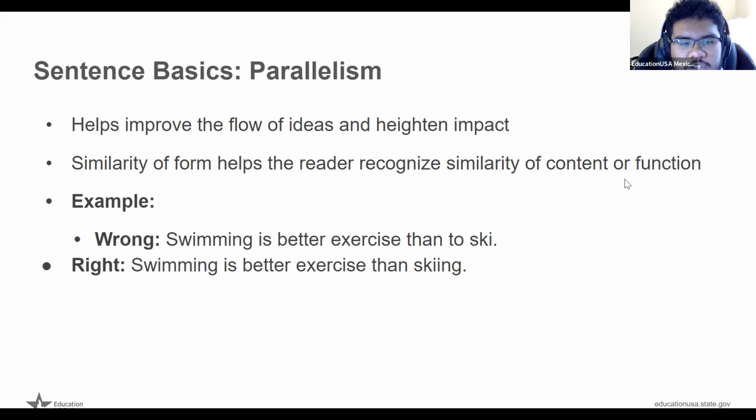So you could say, "To swim is better exercise than to ski." That could also work, but I feel here swimming and skiing would work best. The main point is that these actions should be written in a similar fashion, so that the ideas flow better.